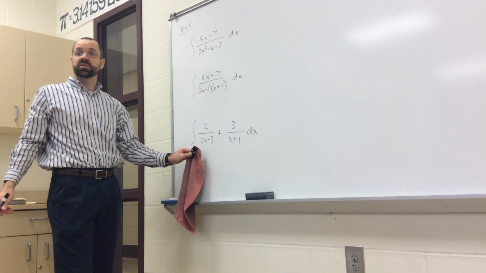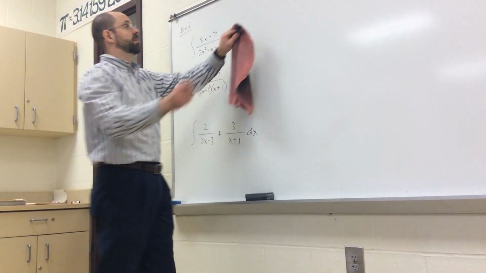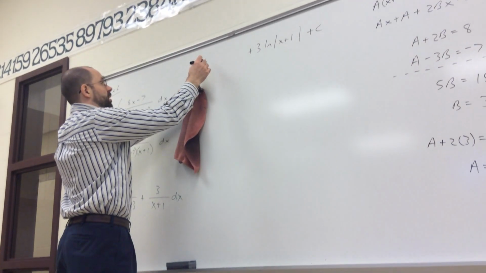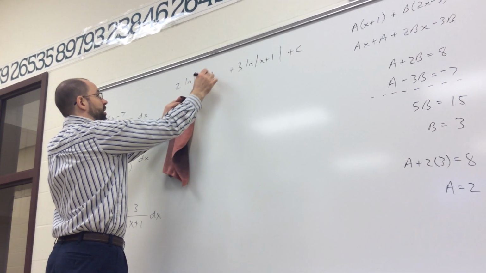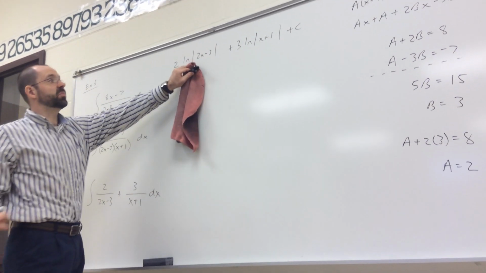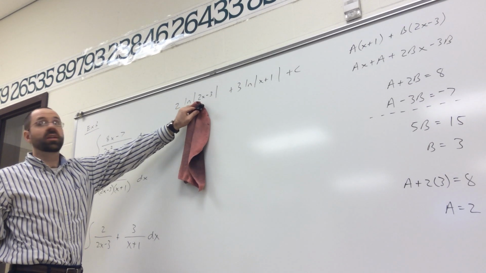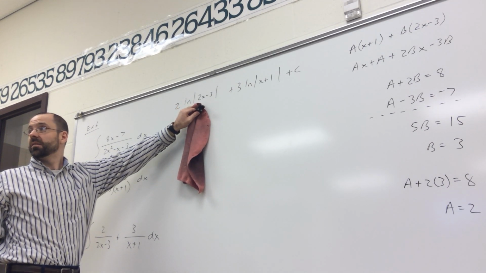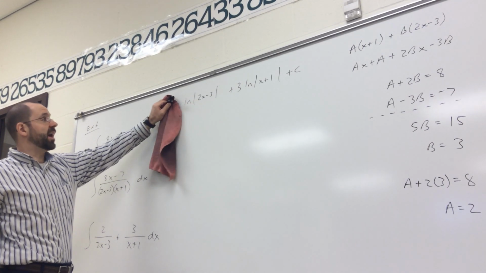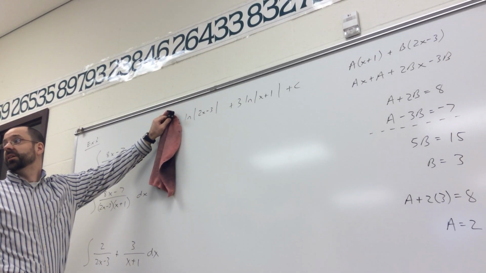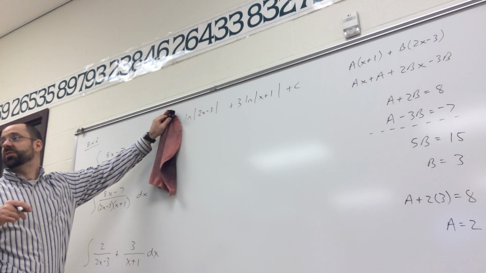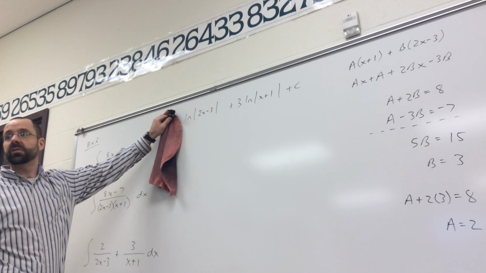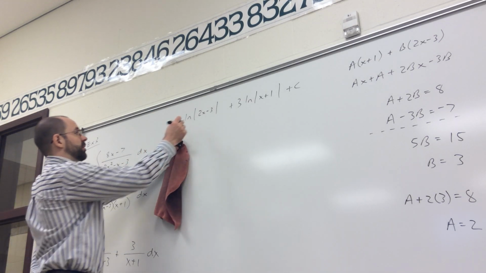So then for this one, the 2 comes out front. And it's natural log of 2x minus 3. Except we do have to worry about chain rule on this, right? Because the derivative of that would be 1 over 2x minus 3 times 2. So we have to divide by 2 to compensate for that extra 2 that comes out.